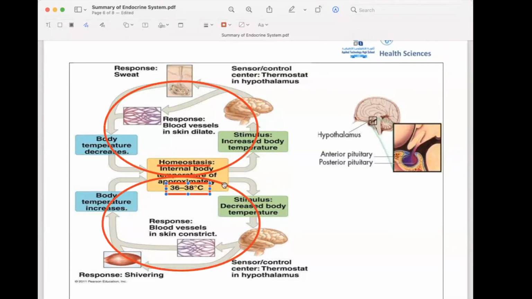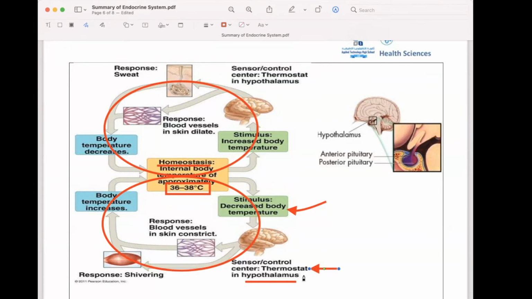Okay, so let's have a deep look into it. For example, whenever the body temperature decreases, like nowadays it is cold and our body temperature decreases, what happens? There is a control sensor in the brain called the hypothalamus. This is also known as the thermostat of your body.